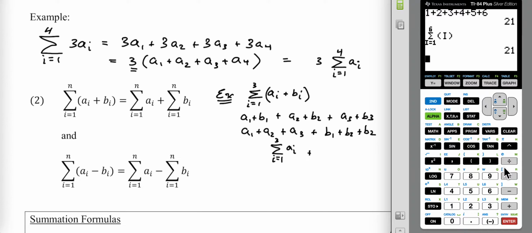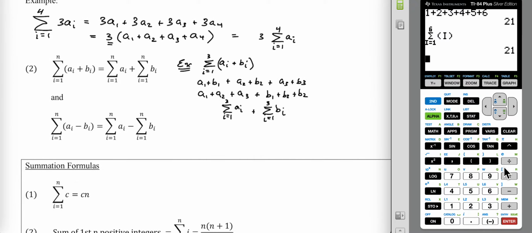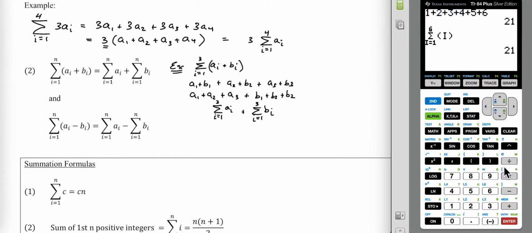Same idea for the b's. And so again, not a proof, just a quick justification. So those are the more basic ones. We also have subtraction. Subtraction is just a special form of addition, so there's no reason to think that this would work any differently.